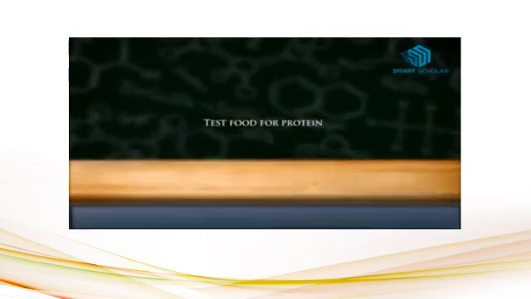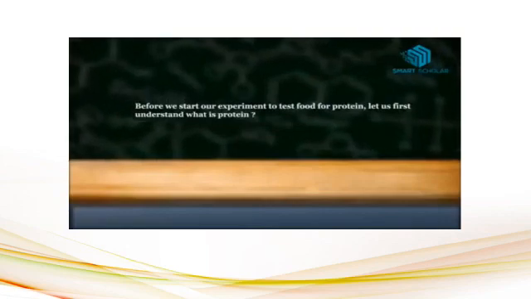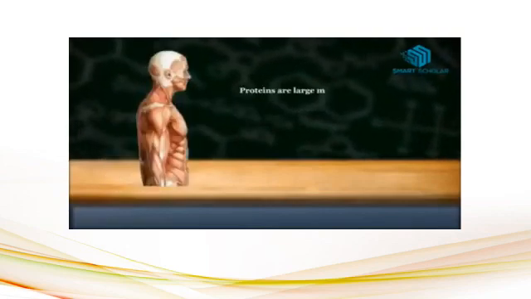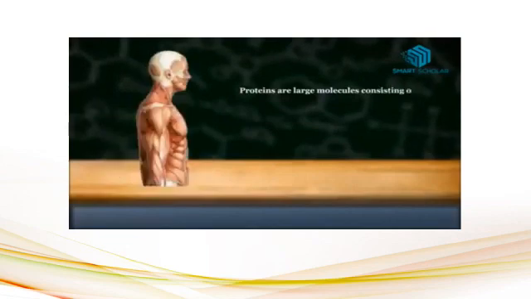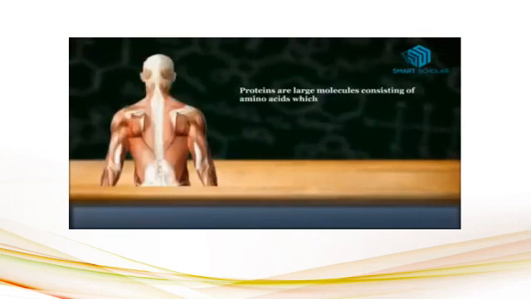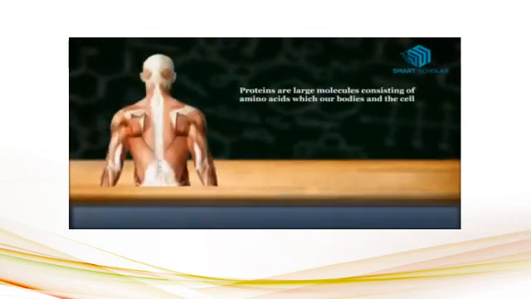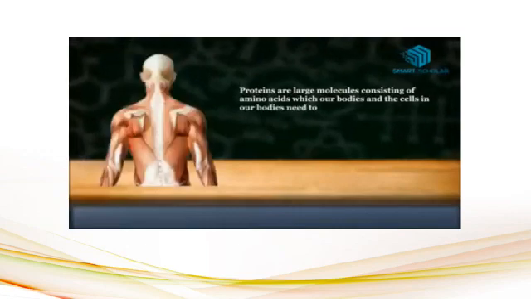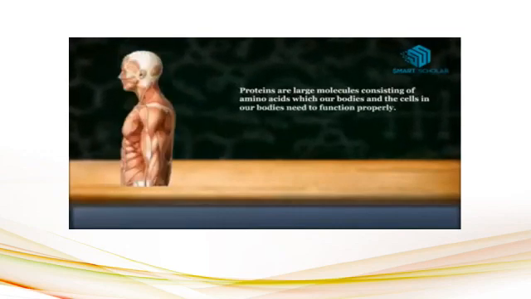Test food for protein. Before we start our experiment to test food for protein, let us first understand what is protein. Proteins are large molecules consisting of amino acids which our body and the cells in our body require to function properly.